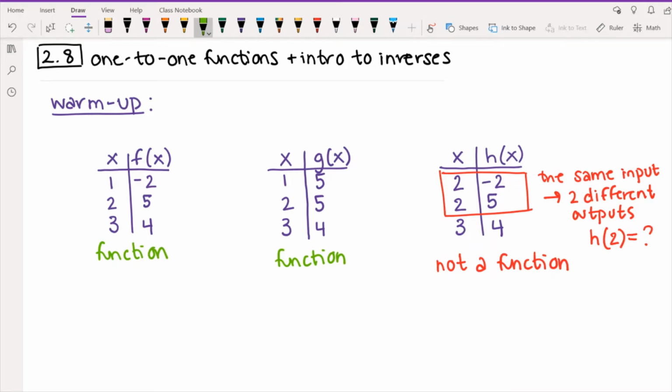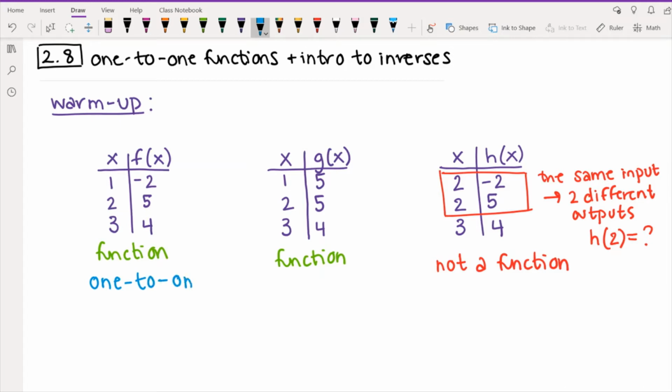You might say the first one. So what do I mean by that? Well, notice that in the first function, every input goes to its own individual output. Whereas in the second function, it's still a function, but notice that two inputs have the same output. And so there's nothing wrong with that per se, but it means that the function does not have this special property, which is called being one-to-one. So this function here, the first one, this is one-to-one.